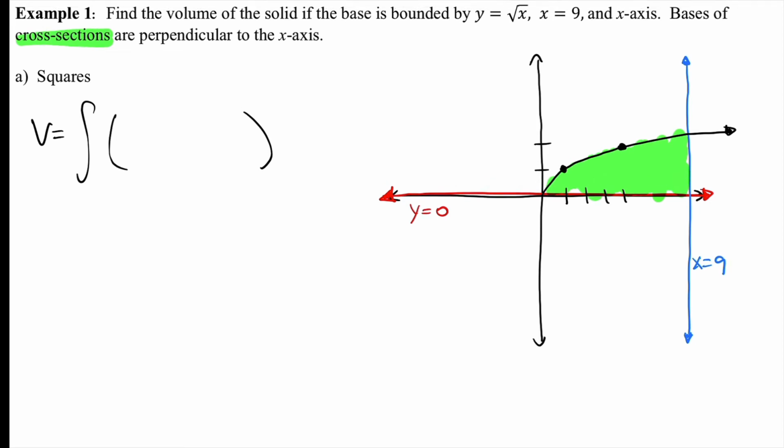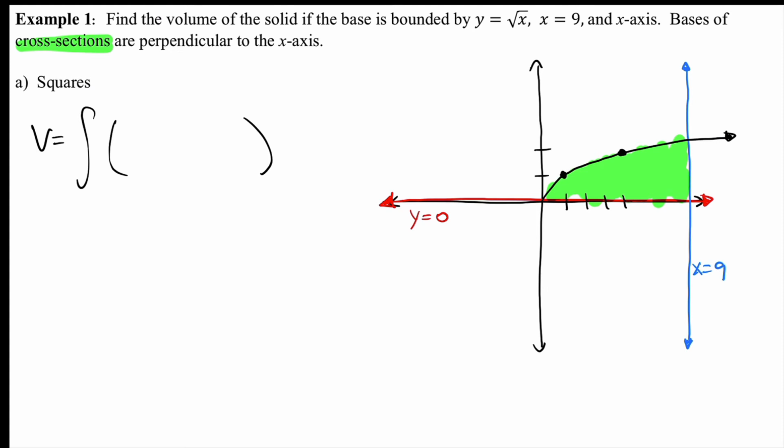And is this going to be a dx or dy problem? Dx. It's going to be a dx, perpendicular to the x-axis.